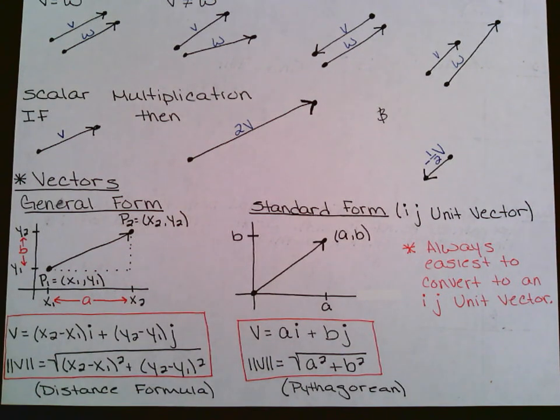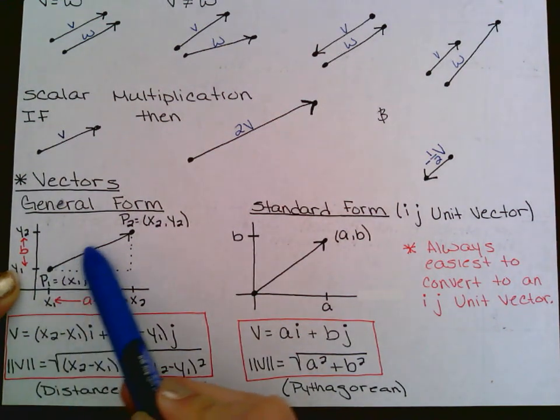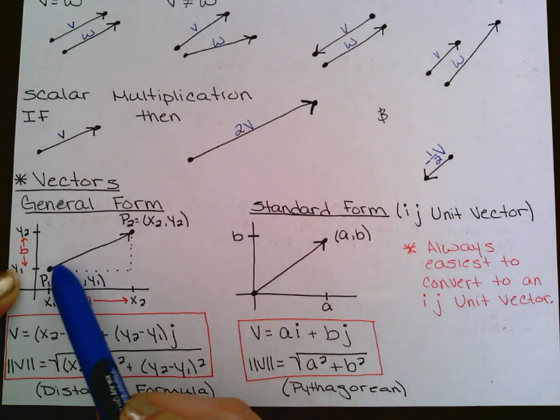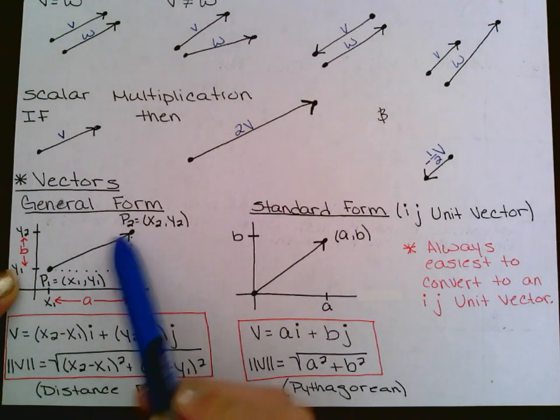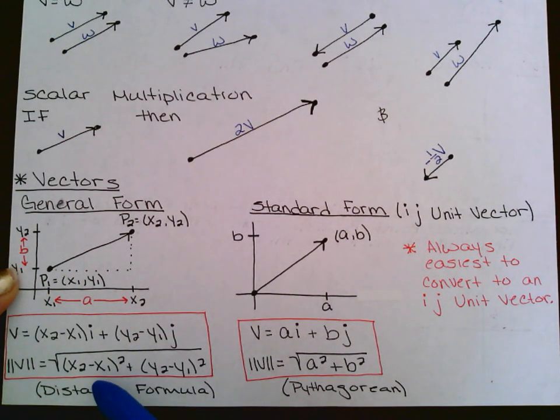Okay? Now let's look at how to find our magnitude. Remember that the symbol with the two absolute value bars means magnitude. If I want to know the length, the magnitude, also known as the distance, I can use the distance formula, which is the square root of the difference of the x's squared plus the difference of the y's squared. Okay? Now we had said that if we subtract the x's, we would get the A, which is why this is simply A squared.